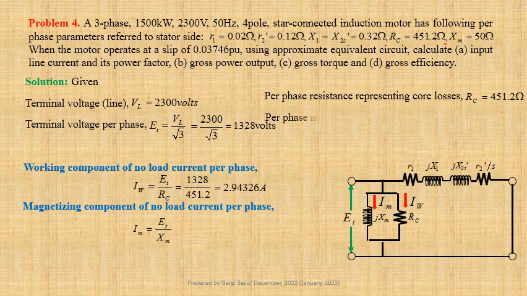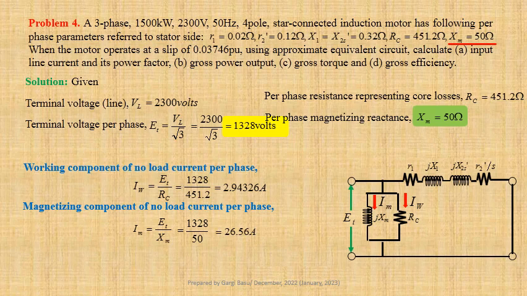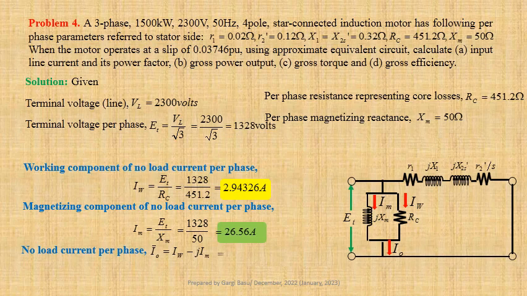Given per phase magnetizing reactance XM equals 50 ohm. Therefore, IM equals 1328 divided by 50, that is equal to 26.56 ampere. Expression for no load current per phase I0 equals IW minus J times IM, that is equal to 2.94326 minus J times 26.56 ampere.